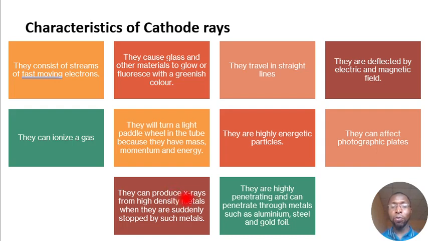When the cathode rays are produced from the cathode, they collide with the anode, and then X-rays are produced. Lastly, they are highly penetrating and can penetrate through metals such as aluminium, steel, and gold foil. So these are the various characteristics of cathode rays that we intend to talk about.